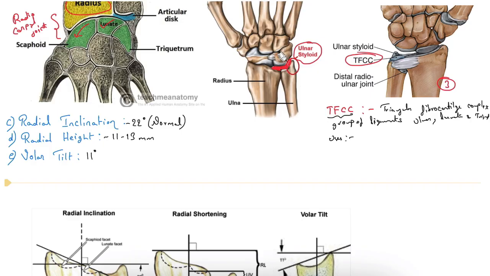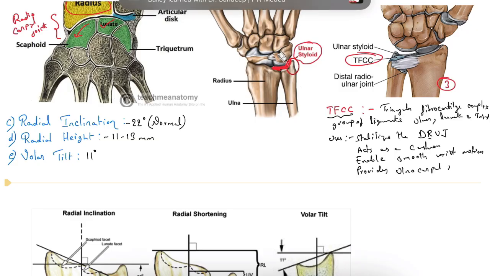This triangular fibrocartilage complex helps for four things. First one, it stabilizes the distal radioulnar joint. It acts as a cushion, it enables smooth wrist motion, and the main thing, it provides ulnocarpal stability.